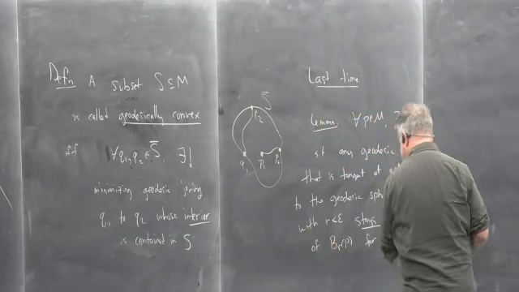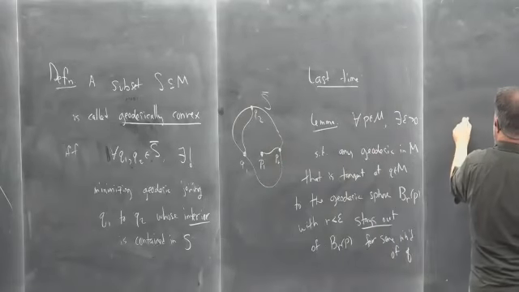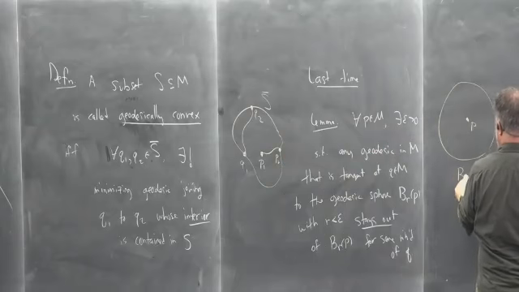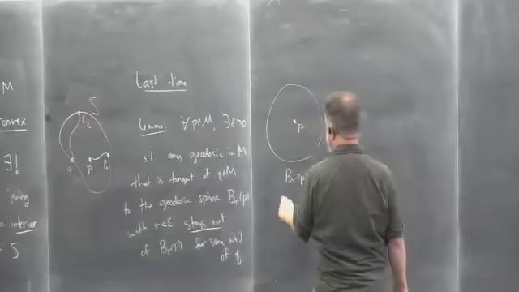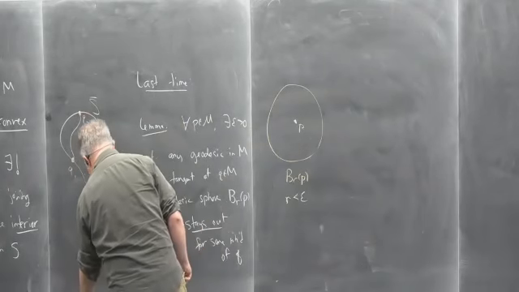And the picture for this was, here's the point P. This is the geodesic ball of radius R centered at P, and R is less than this magic number epsilon that we proved exists.